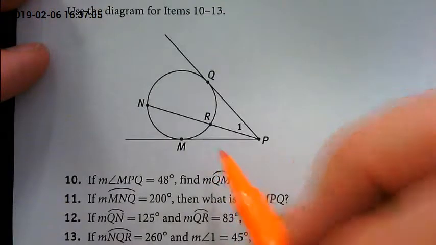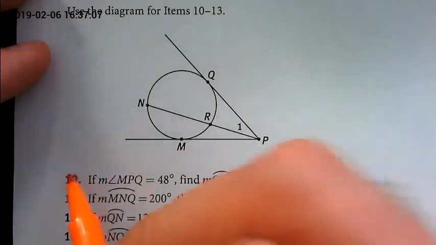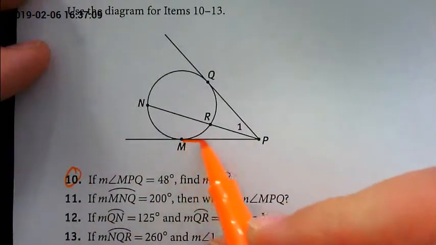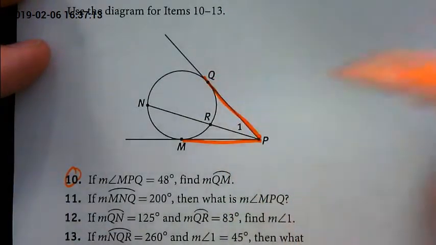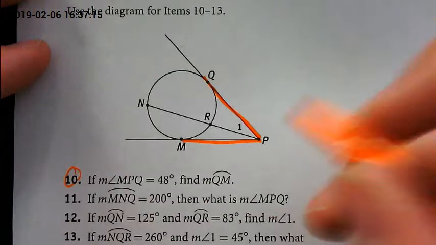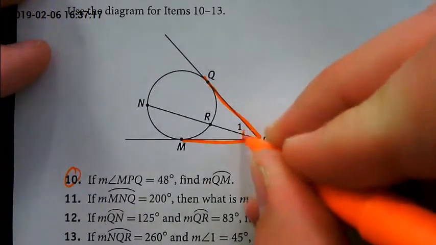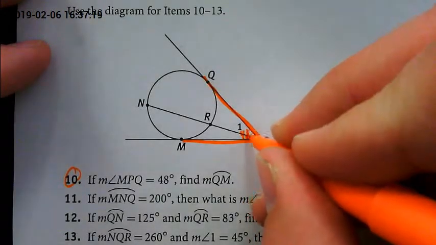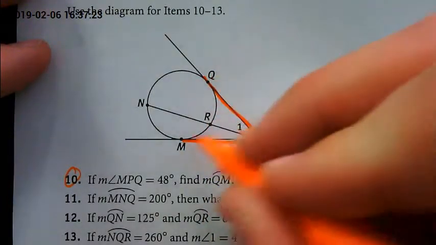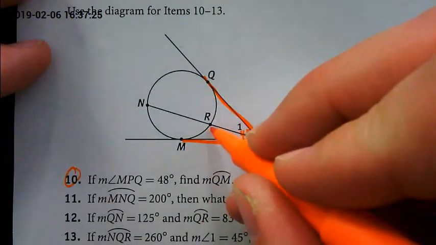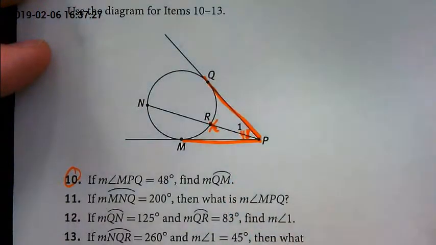So now, I'm going to go ahead and highlight this in orange so that you can see which one I'm doing. All right. So they said this is 48. They want us to find this length here, MQ. I'm going to call that X.